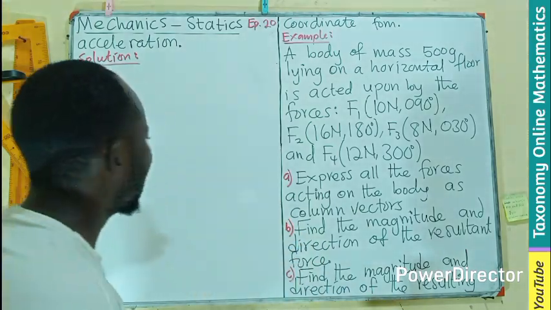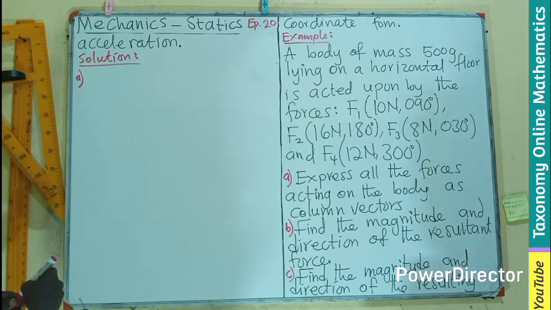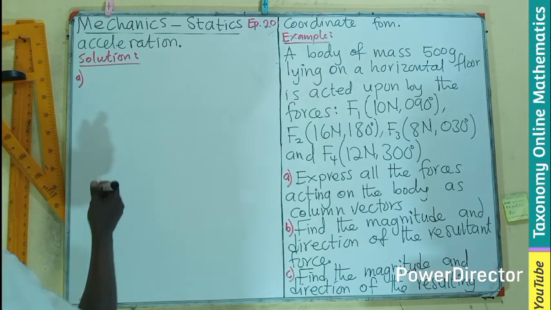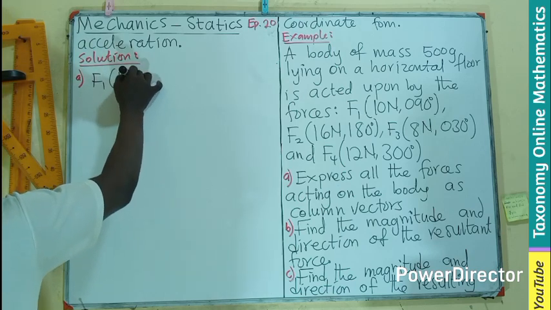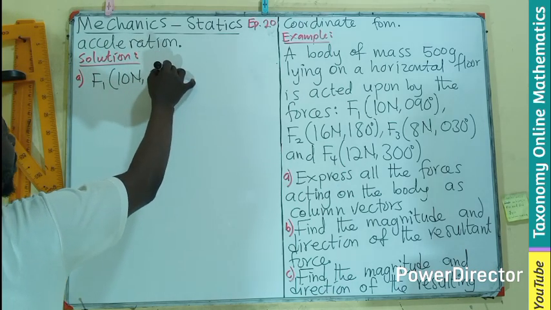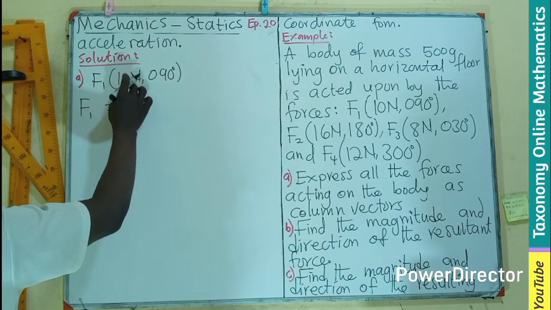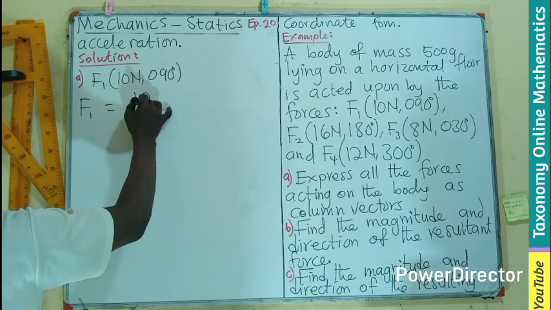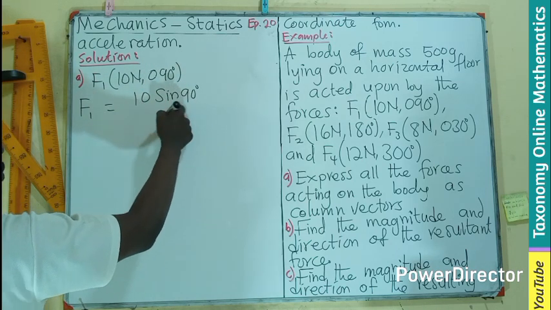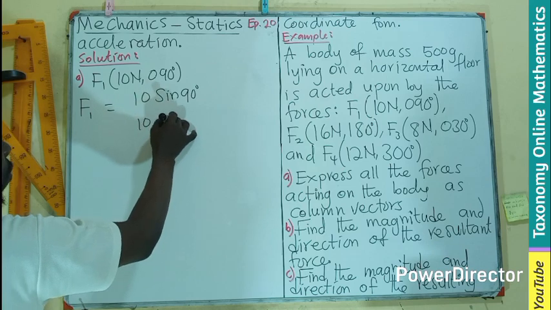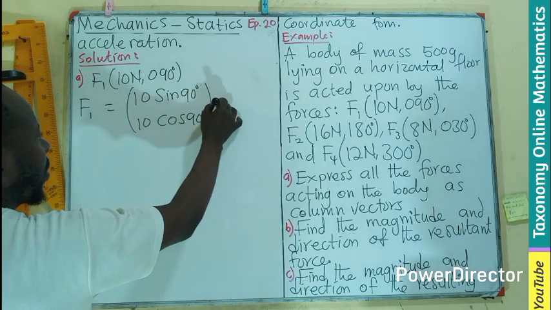Let's get into that. If I pick the first example, the A part, finding the force. Force 1 is 10 Newton in the direction of 90 degrees. Force 1 will be equal to the magnitude 10 times the sine of the angle, 90 degrees, for the x component, then cos of the angle, 90 degrees, for the y component.